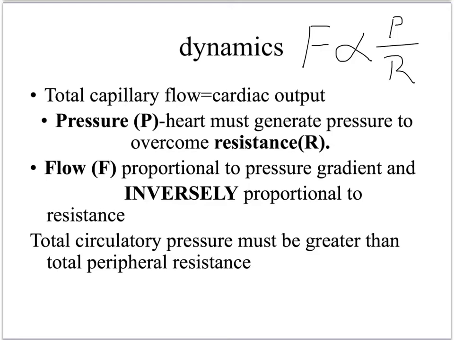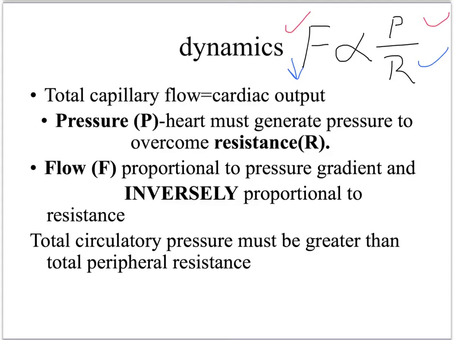So the higher the pressure, the higher the flow. Very simple. Then on the inverse part, the higher the resistance, the lower the flow. The more resistance, the less flow you're going to have.